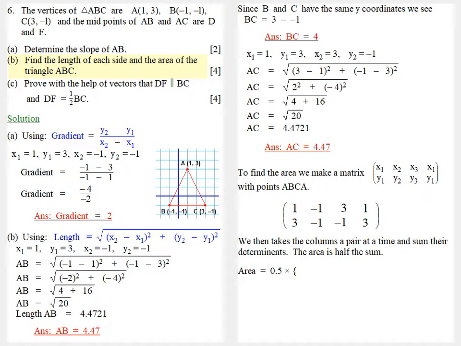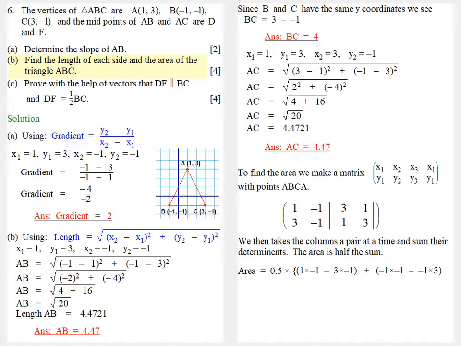So the area starts off with 0.5 times, and then we take the first pair, 1, -1, 3, -1, and work out its determinant. That is 1 times -1, take away 3 times -1. Then we take the second pair of columns and work out the determinant. That is -1 times -1, take away -1 times 3.